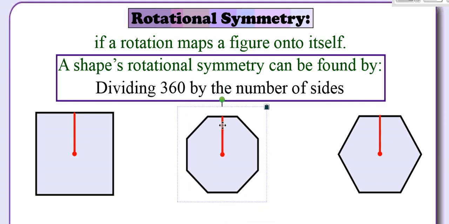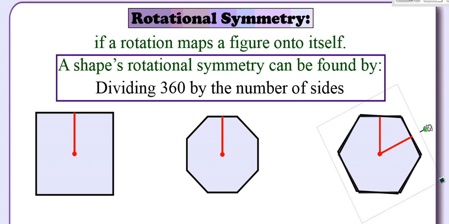And then you're back on the beginning. So since all the sides are even, they all match up. However many sides it has, that's how many times it will match up along the way. So divide 360 by that, by the number of sides, and that tells you what it's going to be.